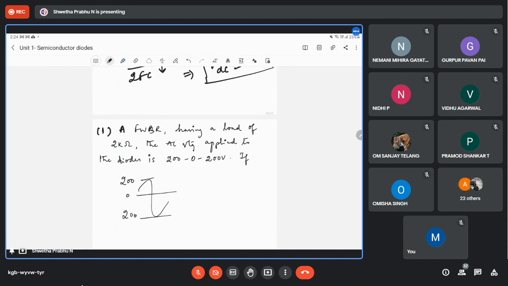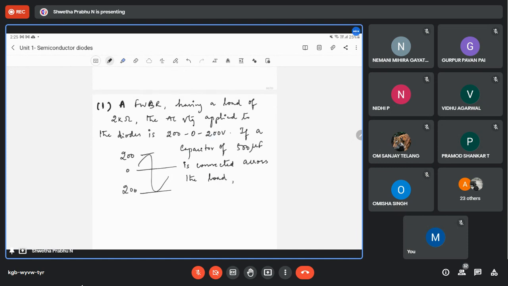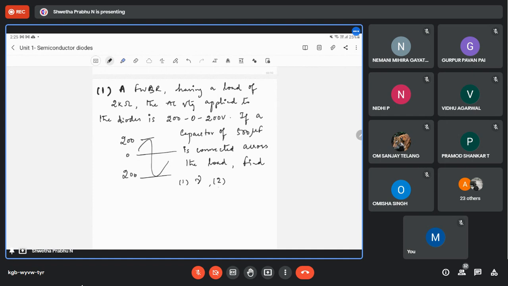So if a capacitor of value say 500 microfarad is connected across the load, find the first parameter, ripple factor; second parameter, DC output voltage, that is VDC; third parameter, DC load current, that is IDC; fourth parameter, load regulation.